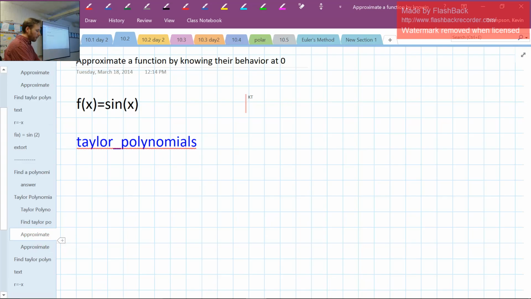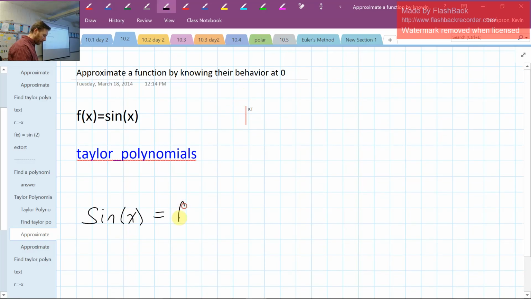So what if I want to find the Taylor polynomial for a certain function? Okay, so here's a function, sine of x. So the Taylor polynomial centered at 0 then would say, think of the pieces.